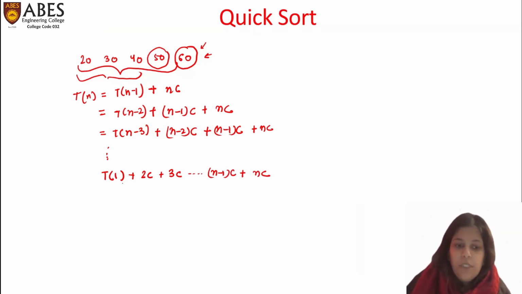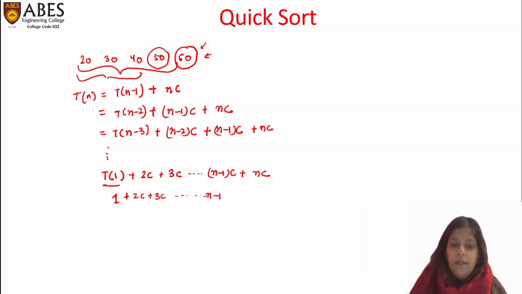Now, suppose the time for sorting one element is equal to 1, a constant time. So this will become 1 plus 2C plus 3C up to (n minus 1)C plus nC. Now, in order to solve this expression, let us just add 1C and subtract 1C.